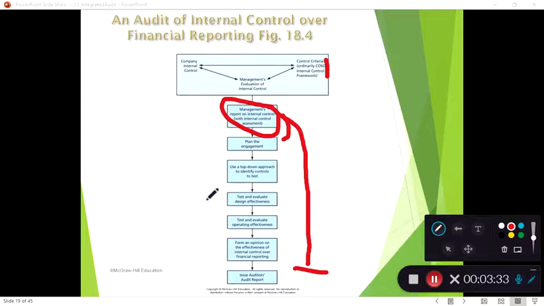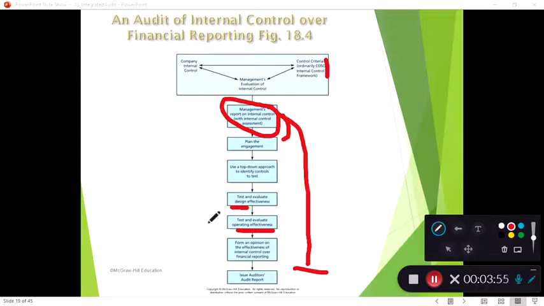We're going to have a process to evaluate the design, and so thinking about design and then thinking about operating effectiveness, right? Design effectiveness is, if it was working 100% perfectly, how would that control prevent and detect material misstatements?